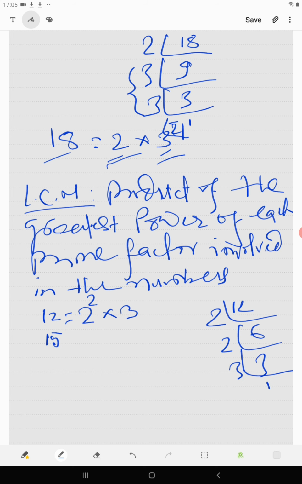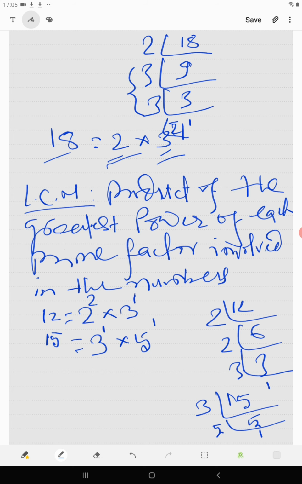Then 15: 3 into 5, and 5 into 1. So 15 can be represented as 3 to the power 1 into 5 to the power 1.